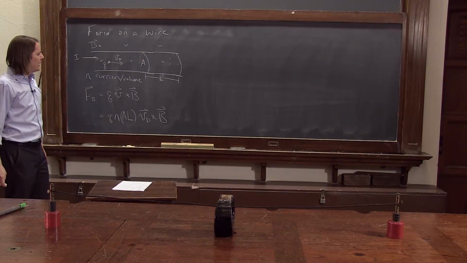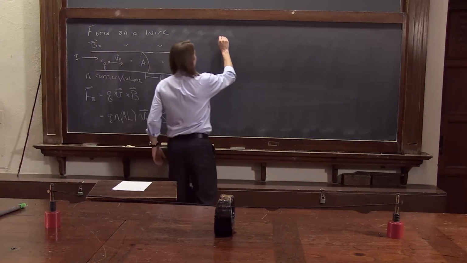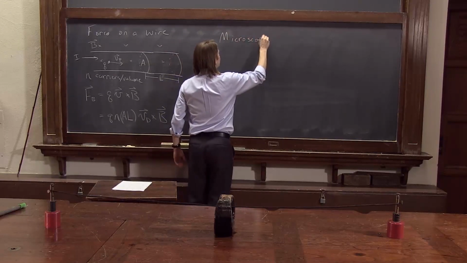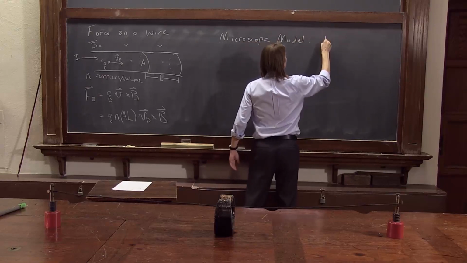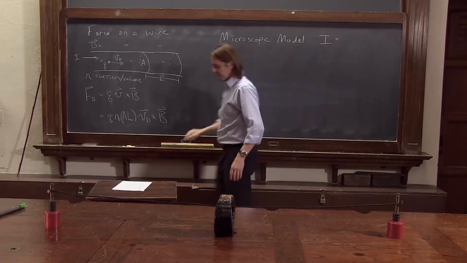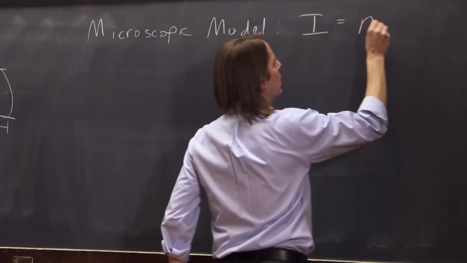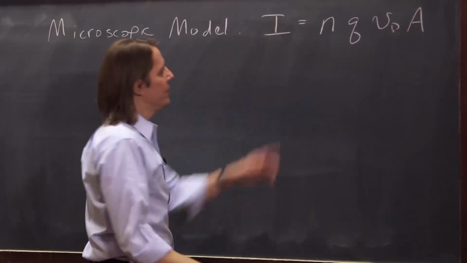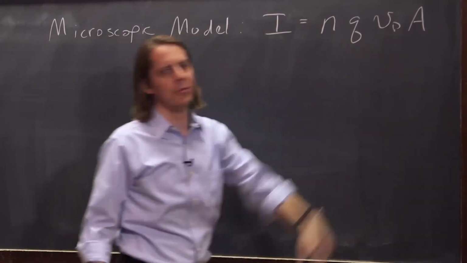Now let's think about our microscopic model of current. We talked about this before. We have an expression for I, and I don't want to get any of the details wrong. Yes, it's n q vd A: the charge carriers per unit volume times their charge times their drift velocity times their area.